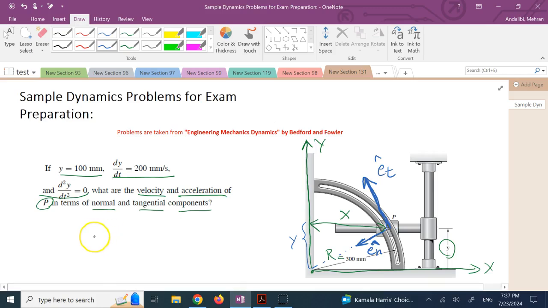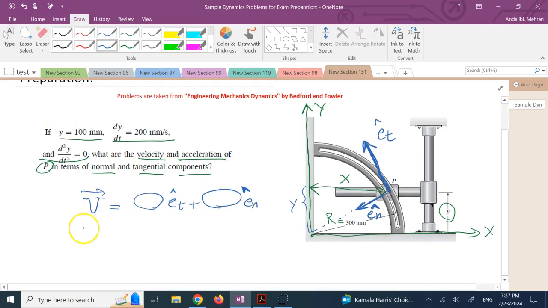It says write the velocity of the particle V in terms of its tangential and normal components. So it is going to be something times ET plus something times EN. And then acceleration also should be written as something times ET plus something times EN.